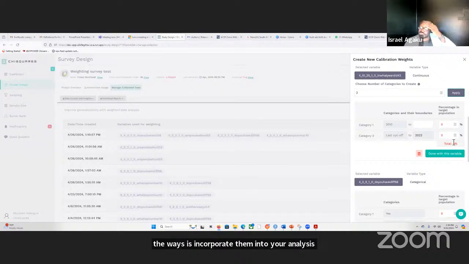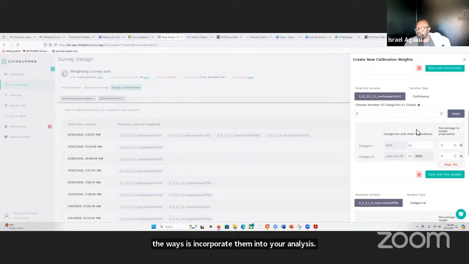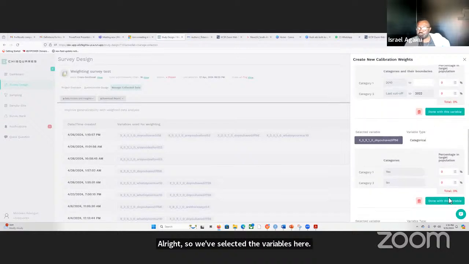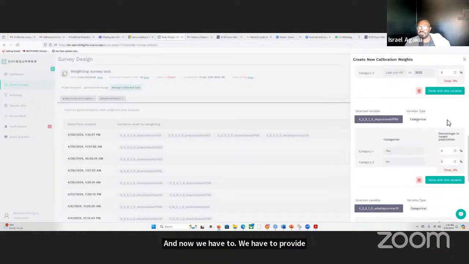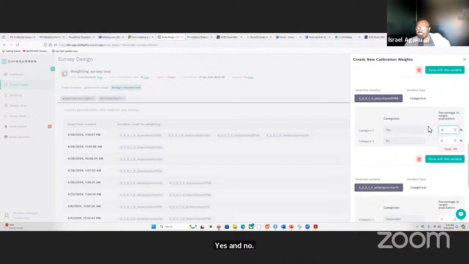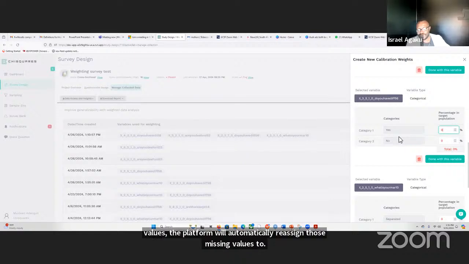All right, so we've selected the variables here. And now we have to provide the percentages, right? So you see that for each variable, whatever variable it is, we have to provide the values. These are the categories in the data set, yes and no. So if this variable had missing values, the platform will automatically reassign those missing values to yes or no. So all of that process has been completely done for you.